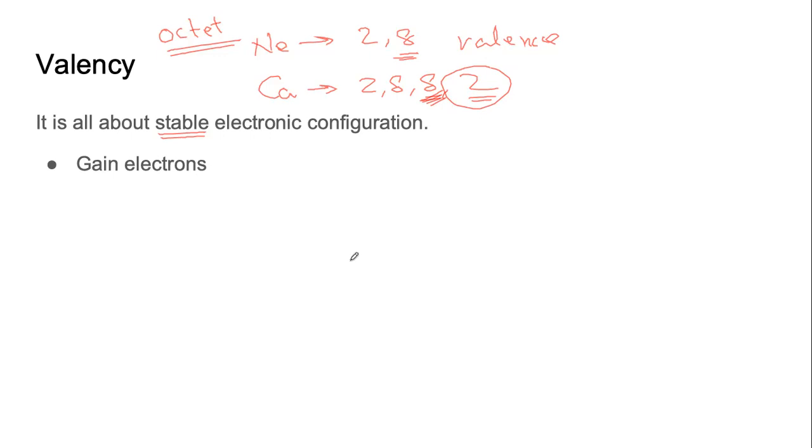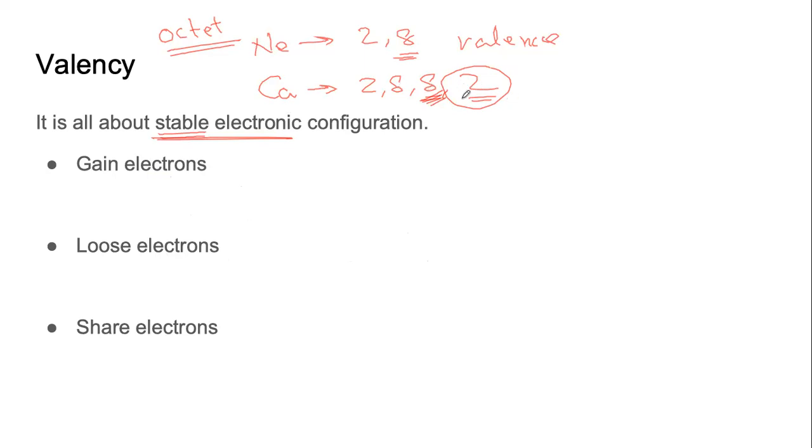Valency is also the number of electrons that the atom loses. Valency is also the number of electrons that the atom shares. And why will these things happen? To gain, lose, share, to achieve stable electronic configuration.